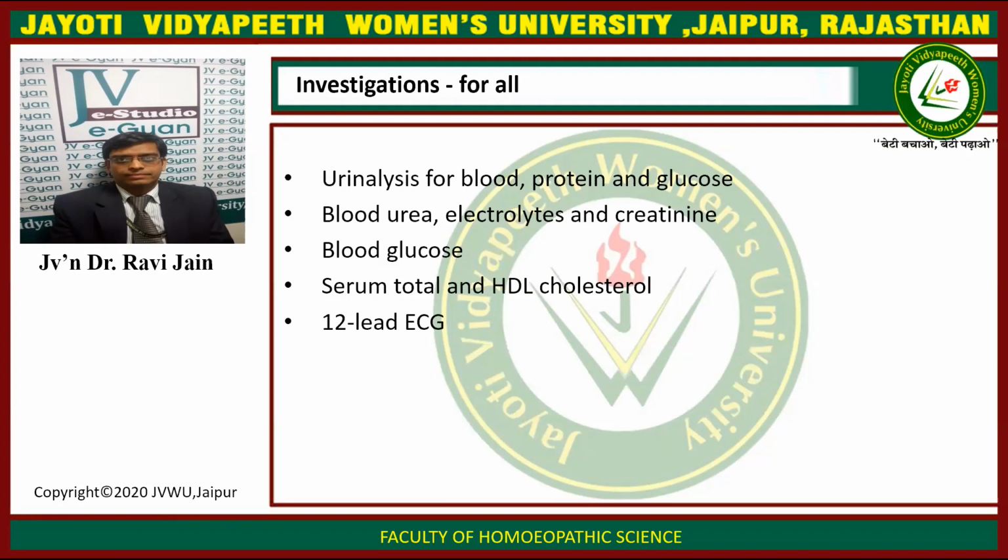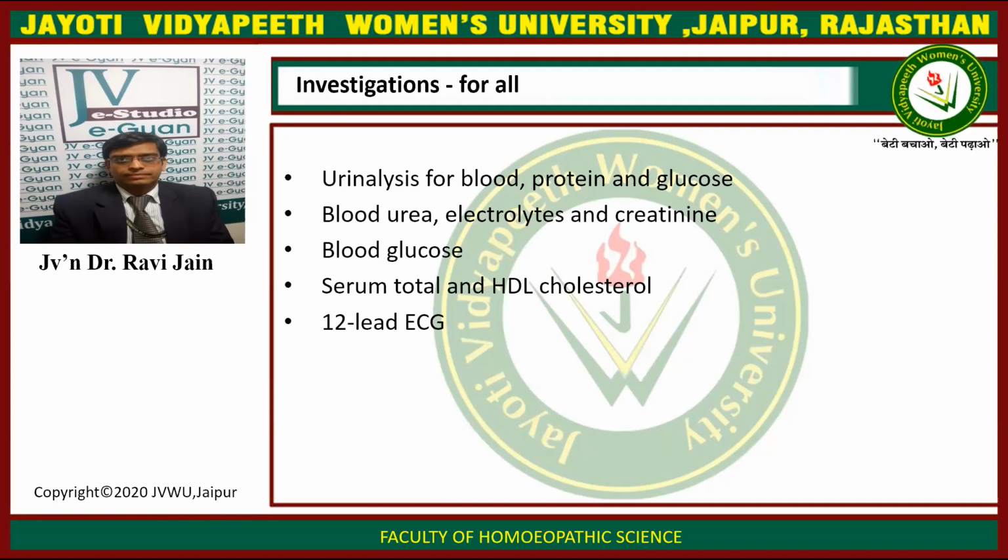Now, what are the various investigations to be done in case of hypertension? Whenever a patient of hypertension comes to you, there are certain investigations that have to be done on all the patients, and certain investigations that could be done only on selected patients.